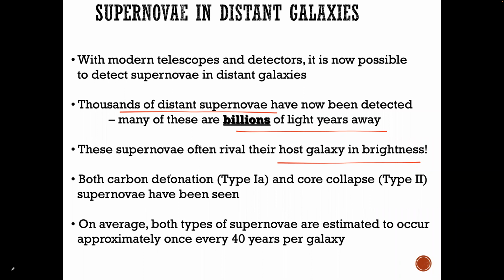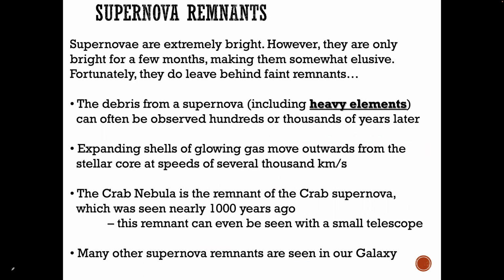We have detected both type 1A and type 2 supernovas. On average, both types of supernovas are estimated to occur approximately once every 40 years per galaxy, right? We know that supernovas are extremely bright.